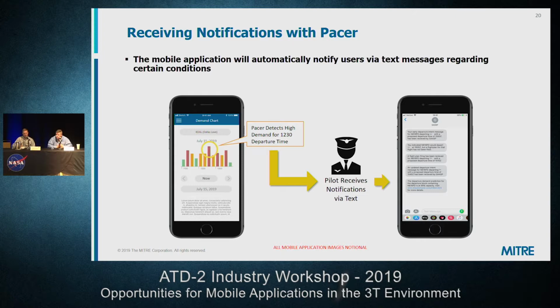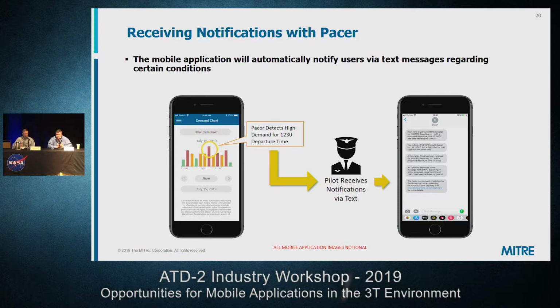Let's say it's 12 o'clock now, and they submit an EOBT for 12:40. And let's say at the time they submitted that, the surface situation looked pretty good. Maybe they were in a green bin. And let's say 10 minutes later, an influx of information has come in that now indicates that the time bin they selected is going to be red, or it's going to be busy.